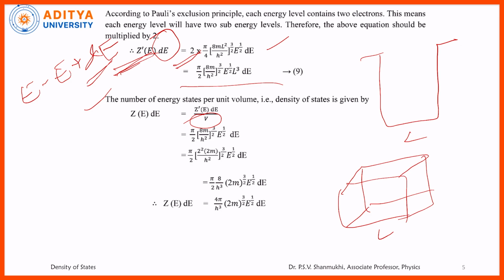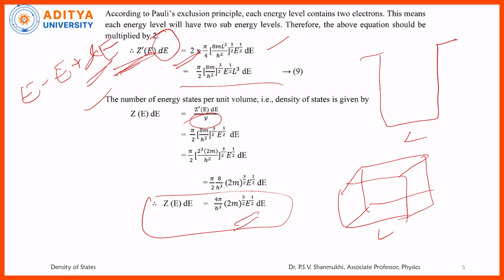That's why dividing equation 9 with V means L cube. L cube will be cancelled and we get this expression as Z of E dE, equal to pi by 2 (8m by h square) whole power 3 by 2 E power half dE. That L cube is cancelled. On simplifying this one, we get the expression Z of E dE is equal to 4 pi by h cube (2m) whole power 3 by 2 E power half into dE, where E is nothing but the energy.